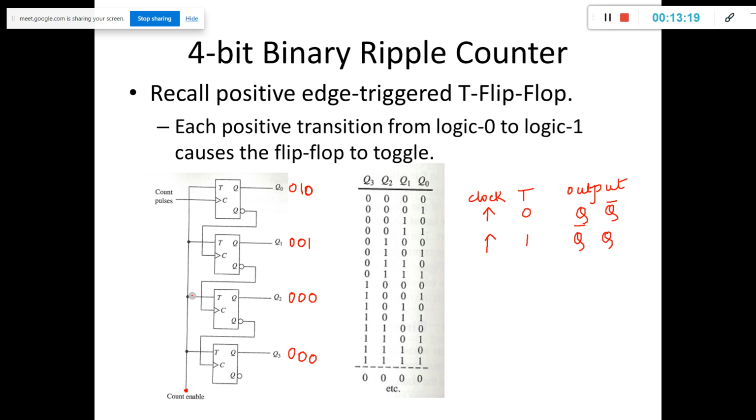So next again I will apply the count enable now. So this will be 1 now. So this becomes 1, this becomes 0, and this becomes 1. If Q naught is 1, Q naught bar is 0. If this clock is 0, this will not work. If this will not work, this also will not work, because the output Q1 bar is connected as an input to this clock, right.